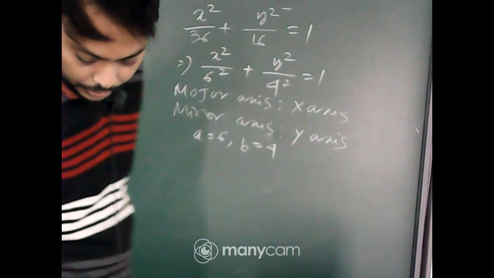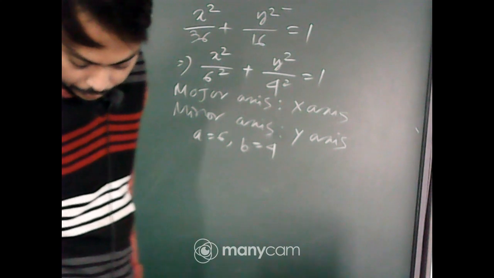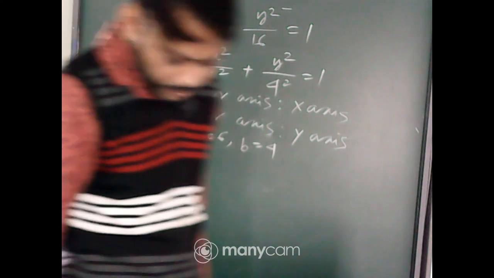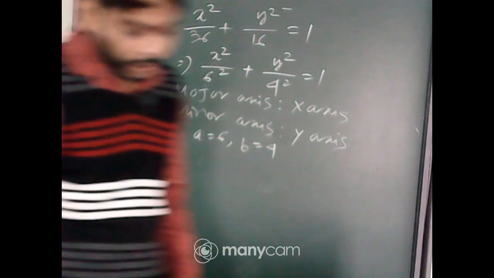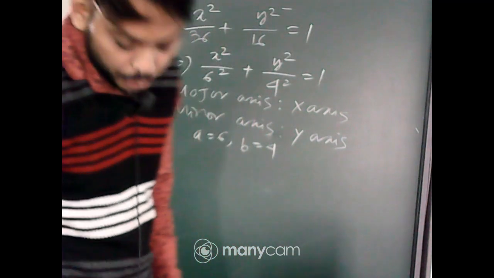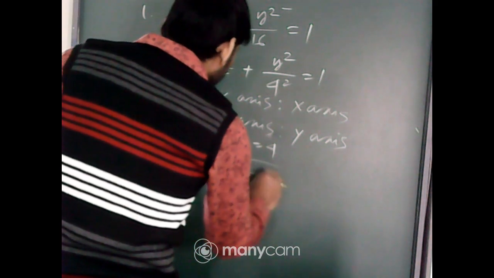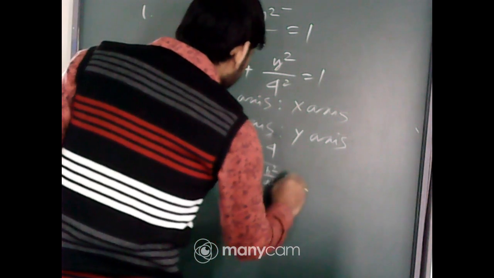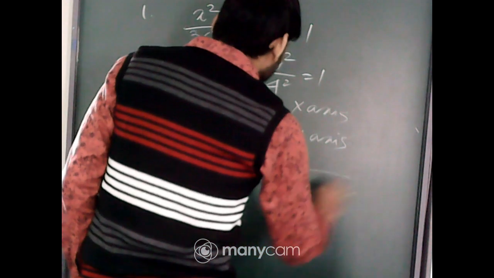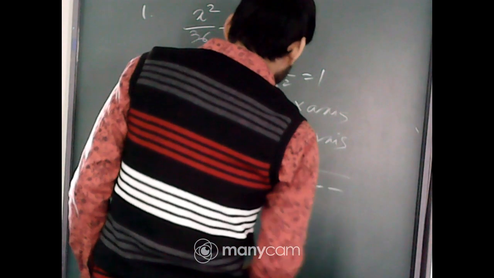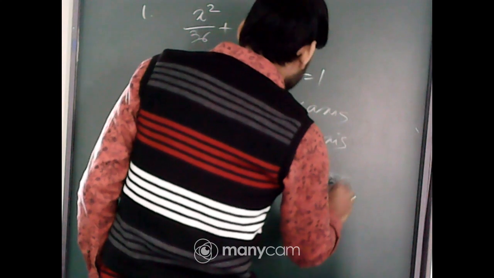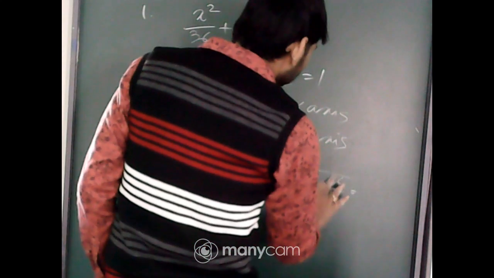Now the next thing, coordinates of foci. So first of all, find e, eccentricity, root over 1 minus b square by a square. So root over 1 minus 16 by 36.